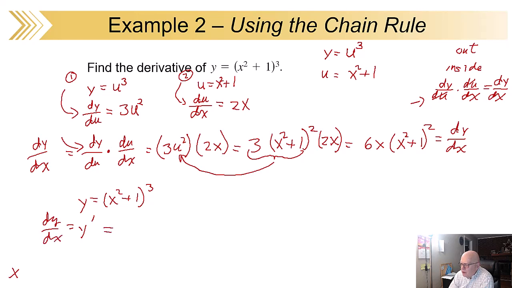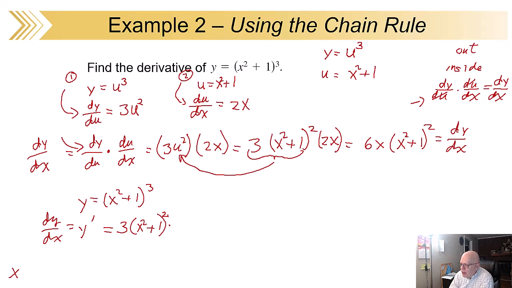Well, the way I do it is this. I look at the outside function first. I bring that 3 out front. And don't touch that x squared plus 1 yet. You hear that? Don't touch it. Just x squared plus 1. And it becomes a 2. Okay, that's the outside function taken care of. But we're not quite finished because this inside part is a function.